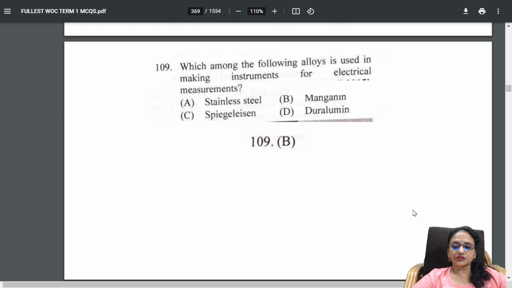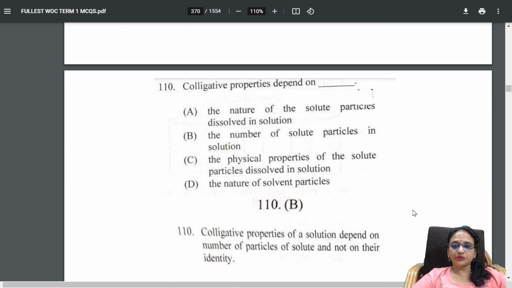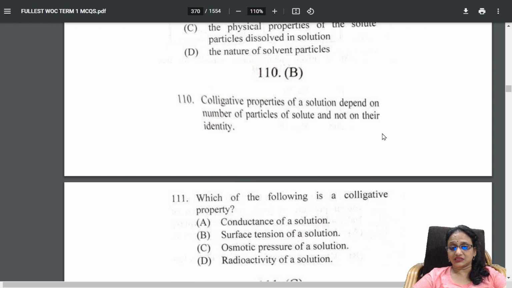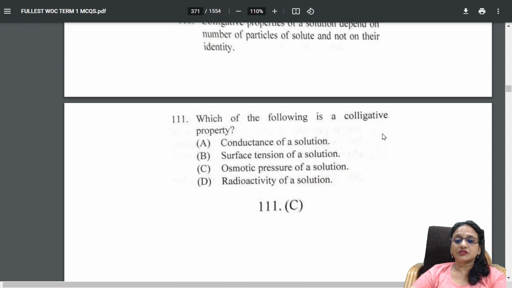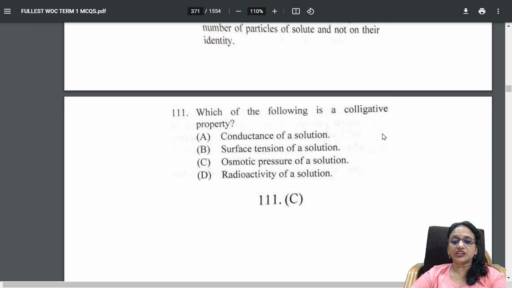Okay, alloys. Now colligative properties are started. They're going to ask you the definition in this way: colligative property depends upon what? Yes, it depends upon the number of solute particles, not on the nature. This is one more way of asking about colligative property.